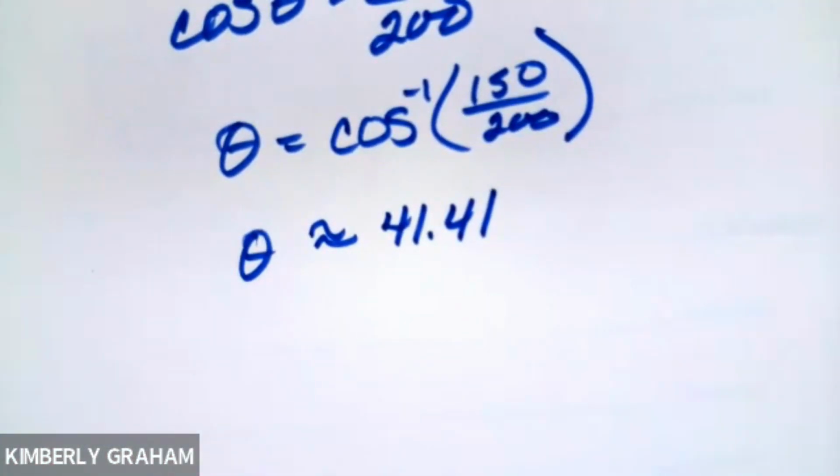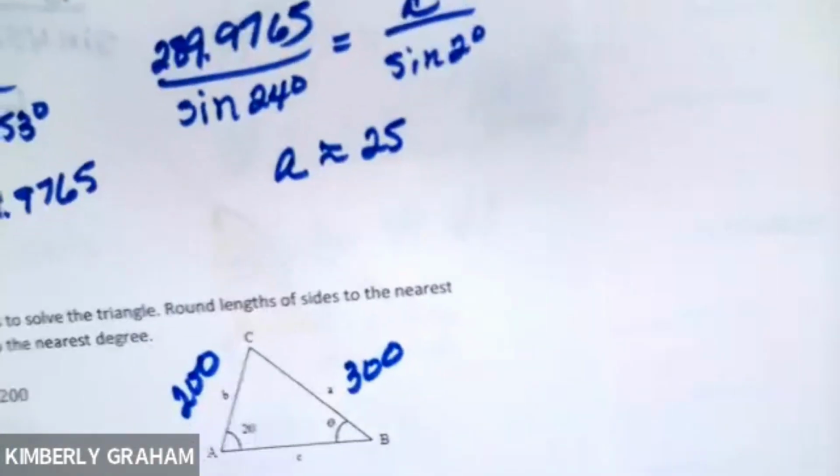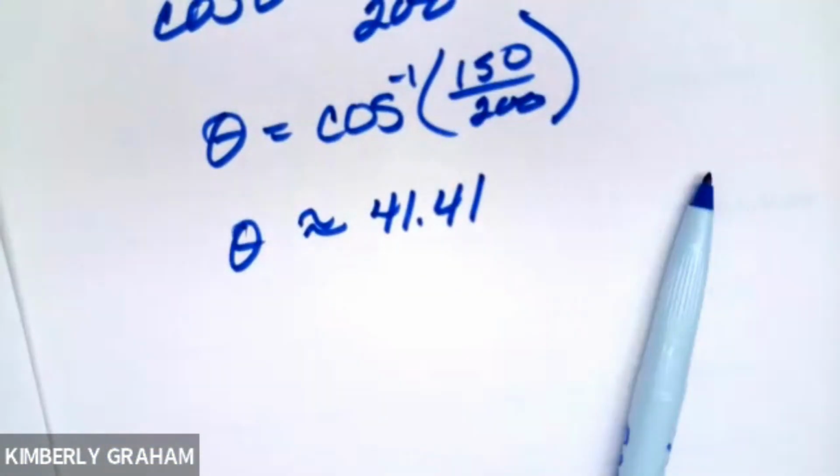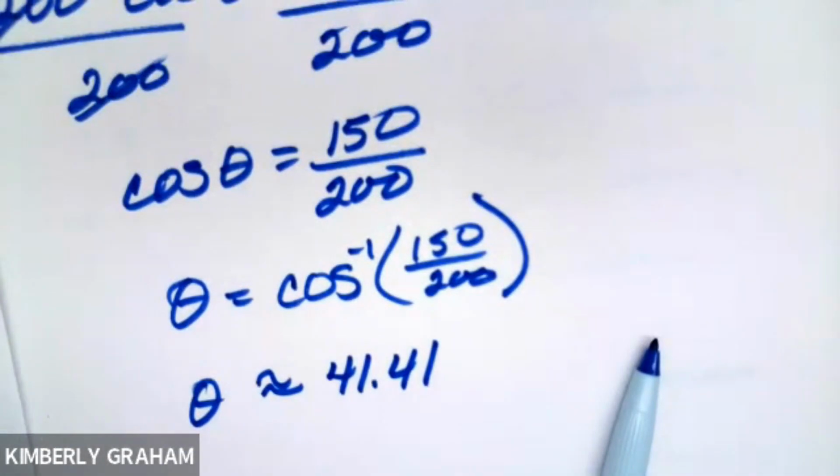Now, in my math lab, they would probably ask you to round that to the nearest degree, maybe the nearest tenth. But right now, I'm going to keep it like this because I don't want to round too early in my problem. If I do, my other numbers that I need to find are going to be off a little bit. So theta is 41.41.